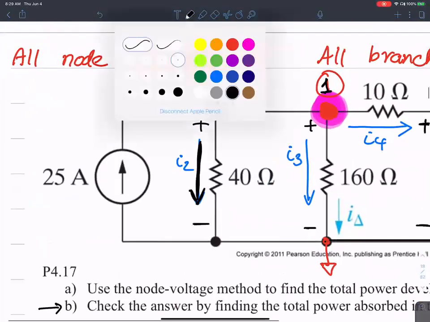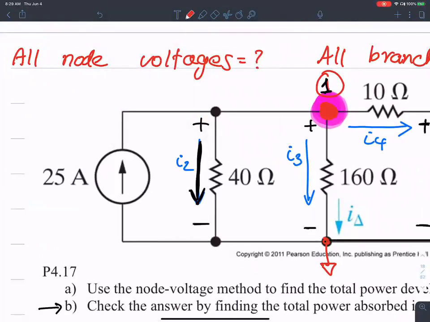Would it be the voltage at node 1 minus 0 divided by 40? Yes, it will not be 25 amperes. The reason is the 25 amperes coming here is not all flowing through here. It's being split into 2 branches, so I don't know what fraction of 25 is going in there. So I cannot quite make that leap.